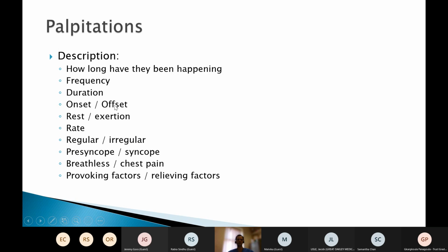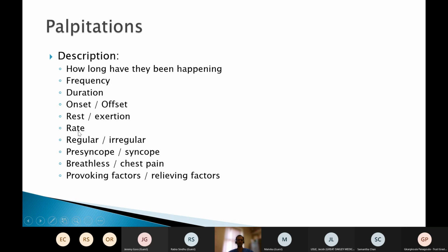So that's a useful symptom. Gradual offset is, generally speaking, reassuring. We've talked already about exertion and other provoking factors. Coughing or alcohol are important things to think about.